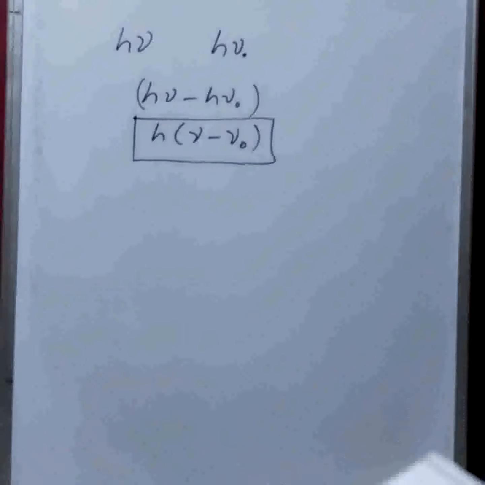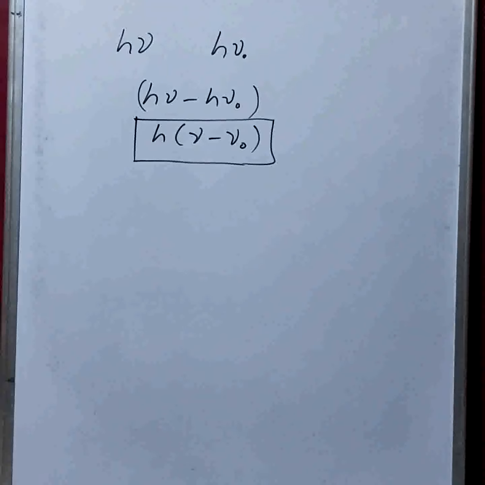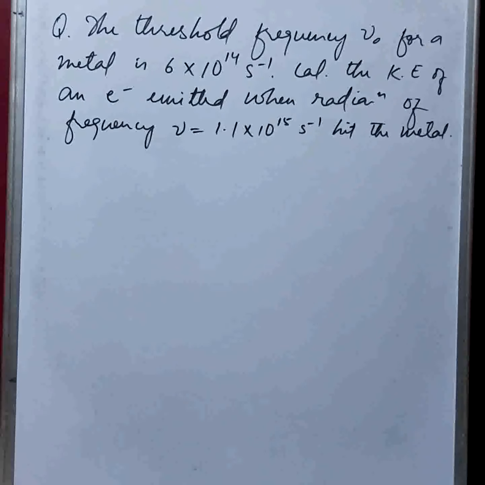Now let's try to solve an example. So this is the question. The threshold frequency is given. We are asked to calculate the kinetic energy of an electron emitted when radiation of frequency nu hits the metal.